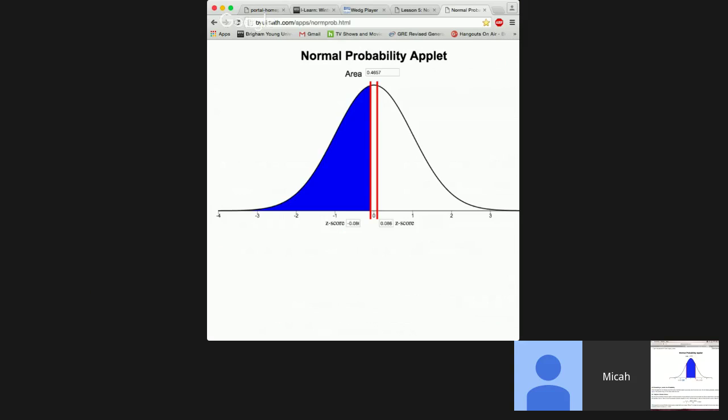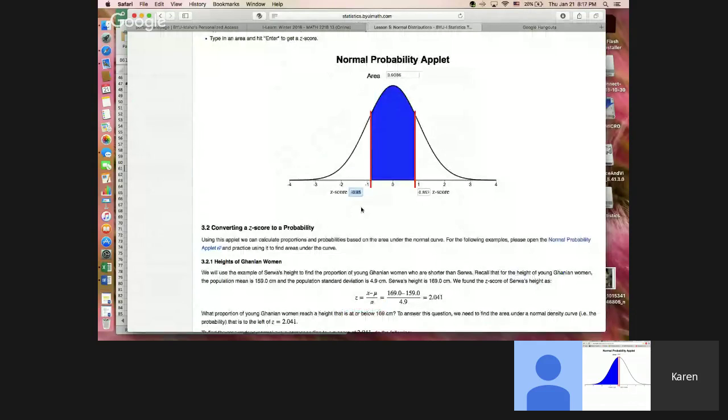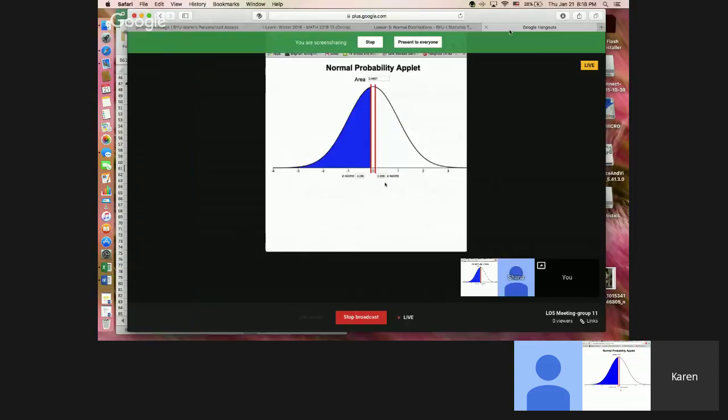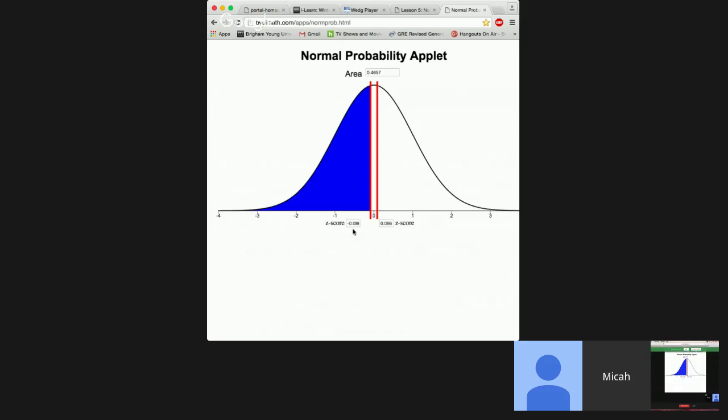What did you put into your z-score? I put in minus 0.857. Am I missing a zero? So it's 0.08, right?